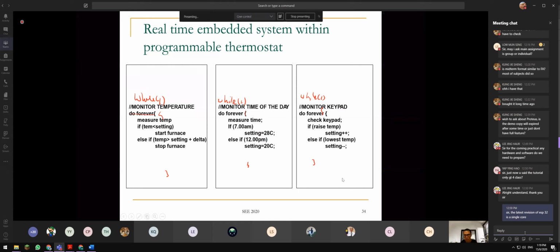So the real-time operating system has something inside called a scheduler. The scheduler will decide the switching time to switch from one to another. They switch back and forth based on some algorithm like round robin, first in, first out. So they jump back again and again.